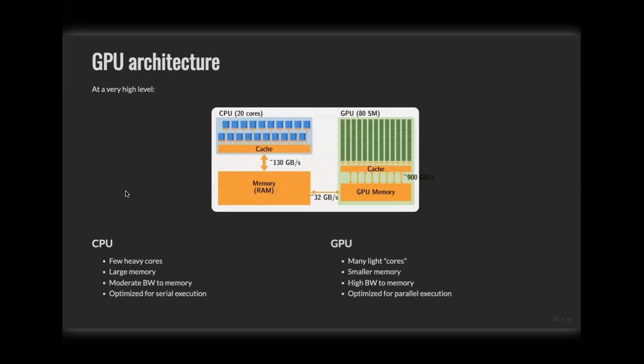Okay, so this is a not-to-scale diagram, on the left of a CPU and its memory, and on the right of a GPU. Okay, now the reason I've drawn it this way is just to contrast the CPU with the GPU and some of the main features, right?